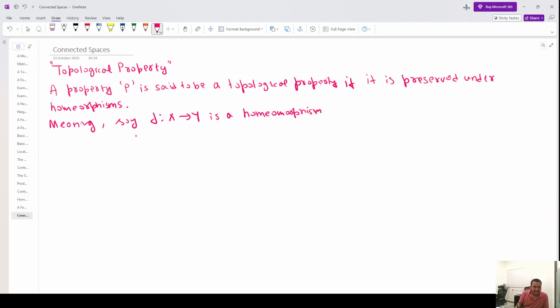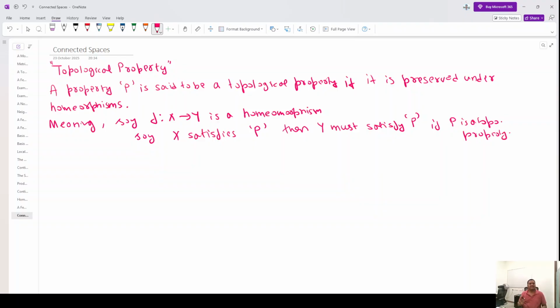So, say X satisfies P, some property, and this P is what we are calling a topological property. Then Y must satisfy P, if P is a topological property.